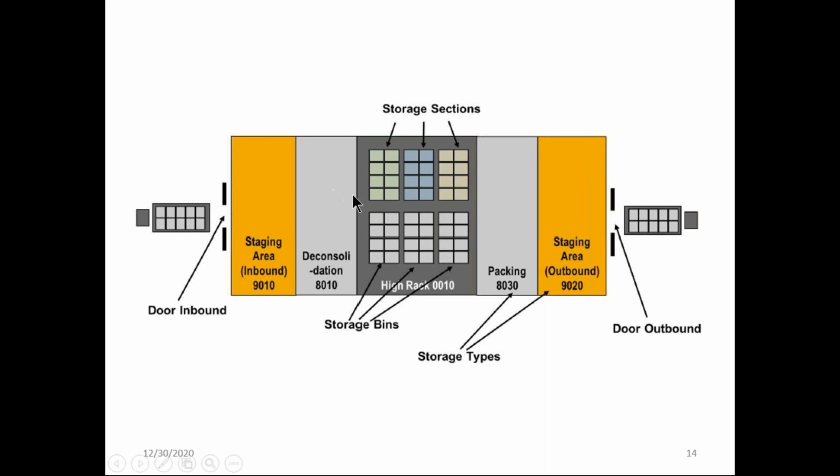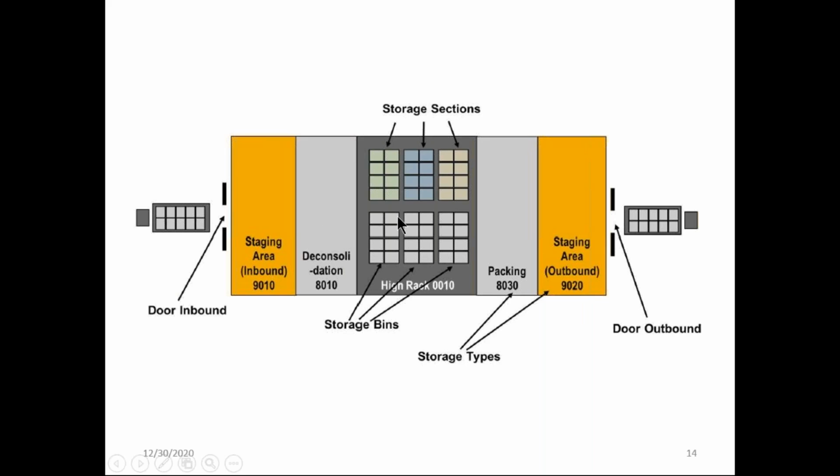Then again, a picture of a warehouse. From the top you have the inbound door and truck, the outbound door and truck, and different storage types like staging area, deconsolidation, high rack, packing, staging area. Each of these is defined in the system using storage types 9010, 8010, 0010, 8030, 9020.